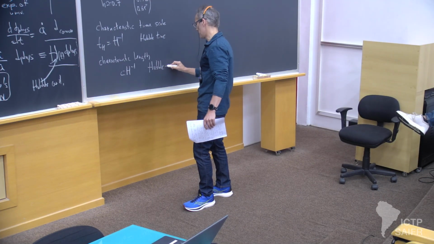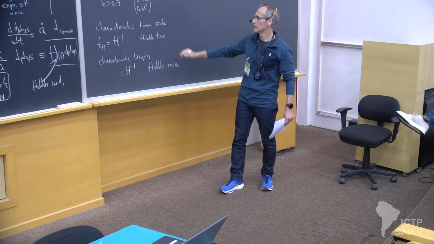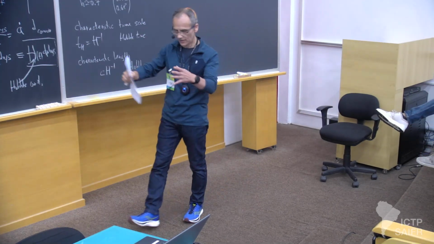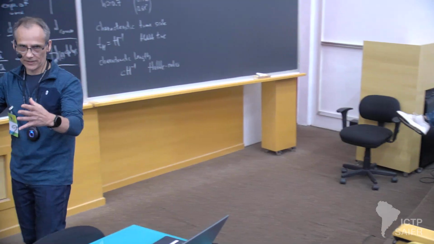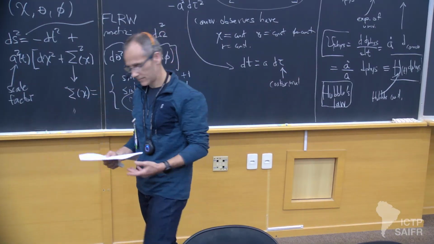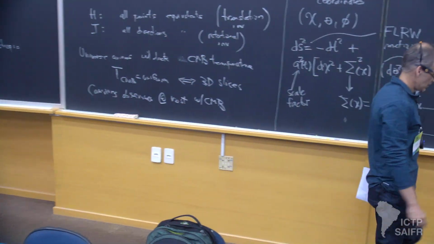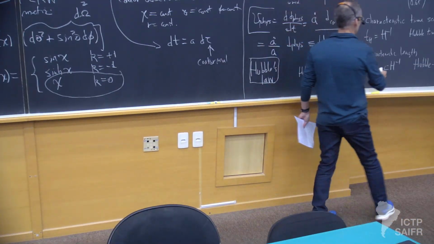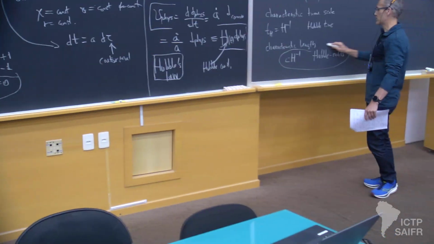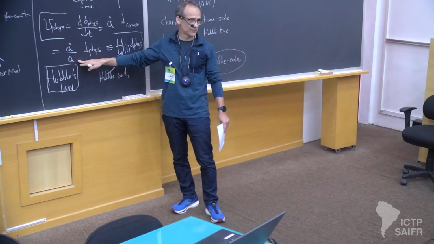This essentially tells you the size of the observable universe. The Hubble time is essentially the characteristic time that it takes for the size of the universe to double. This is a very important length scale because, as you'll see, it appears in the equations of motion, because these are just local time derivatives of the scale factor.